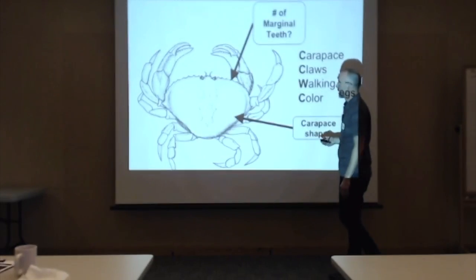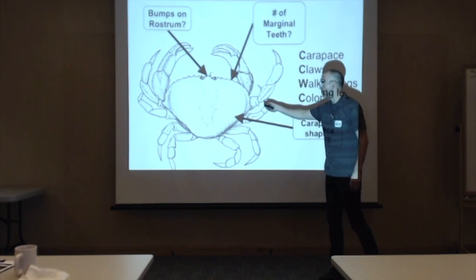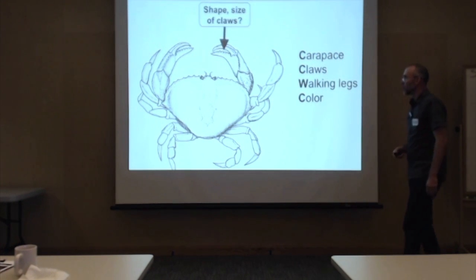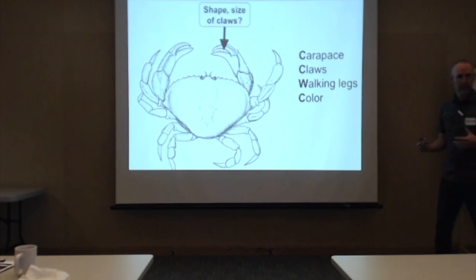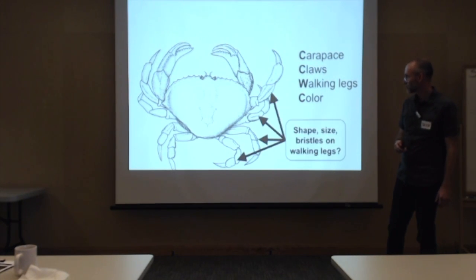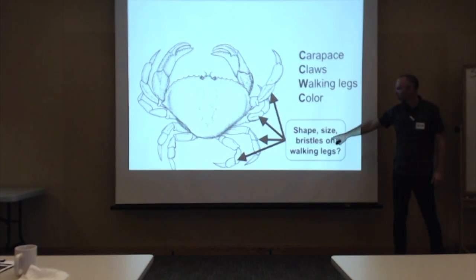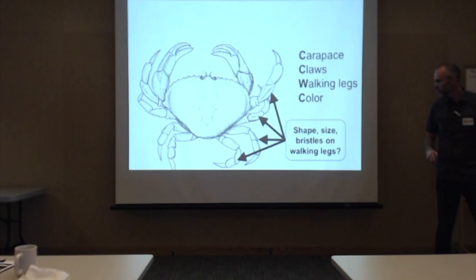We want to know about the bumps on the rostrum and how far that rostrum protrudes. We want to know about the shape and the size of the claws, as well as the dentition that I mentioned previously. The shape and size of the walking legs, and also whether or not they're hairy. They have little bristles on them. That can be pretty important.